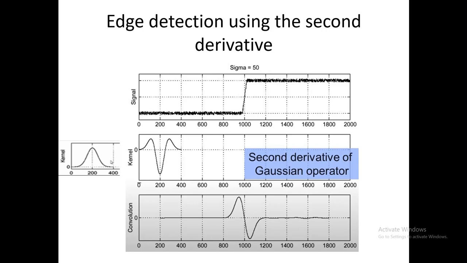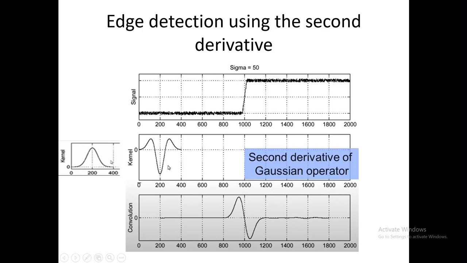Here is our original Gaussian, and when we apply the second derivative of this Gaussian, it looks like this. It is the second derivative Gaussian, which is the Mexican hat operator, or rather the inverted Mexican hat operator.